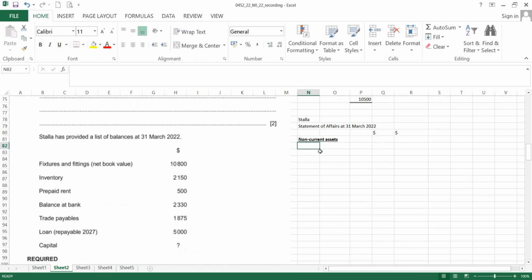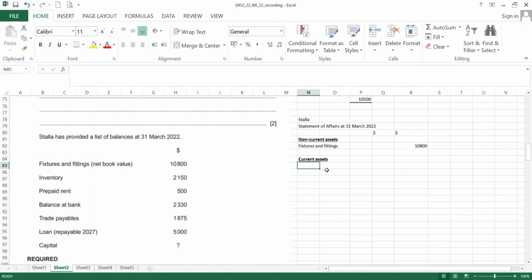We have the furniture, and I think the grouping of the accounts must be understood. And then what else of the assets do we have? No, only one. No current assets.